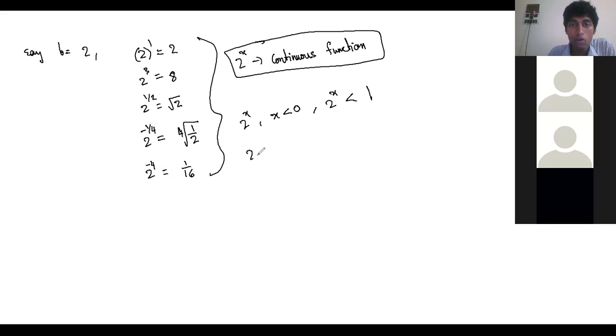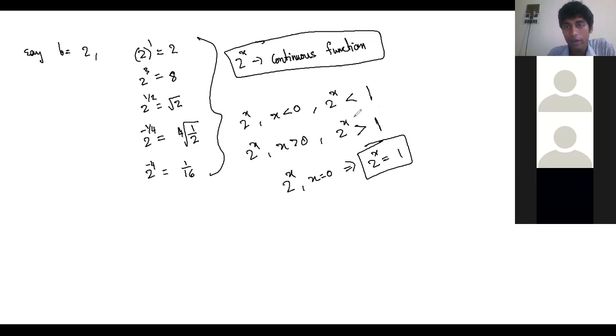And when x is greater than 0, 2 power x is definitely greater than 0, but it is greater than 1. So that means at the point x equal to 0, 2 power x is equal to 1.